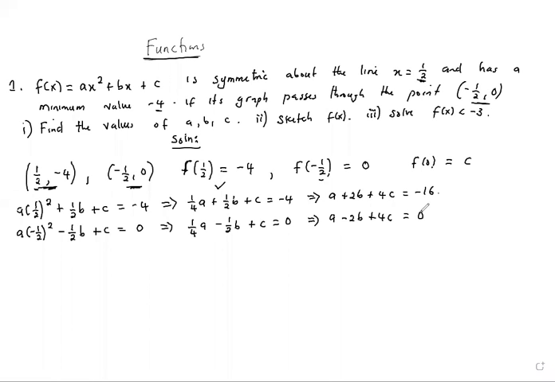Where is the 0 coming from, sir? From the point, this point here. This is x comma y, so it's like x comma f of x. Sir, how do you get that -16?